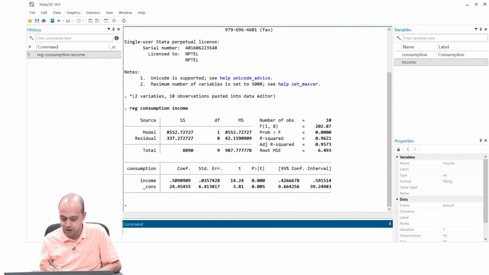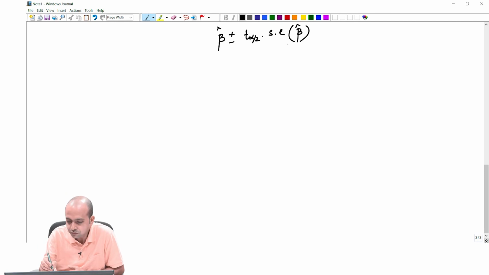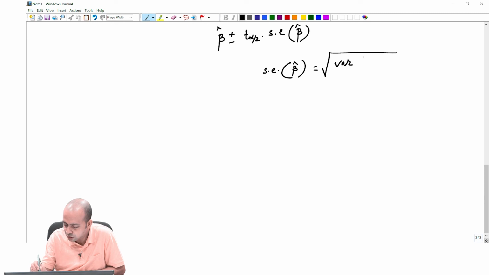That is one thing. And secondly, since standard error of beta hat is playing a role there, we must also know how the standard error is calculated. See, standard error of beta hat is basically the root of variance of beta hat. And how is this variance of beta hat calculated?